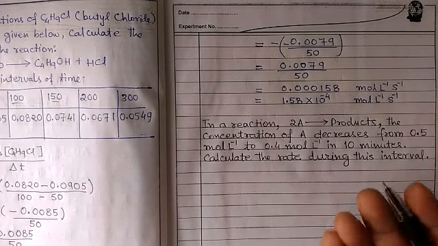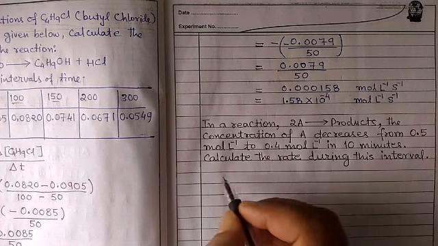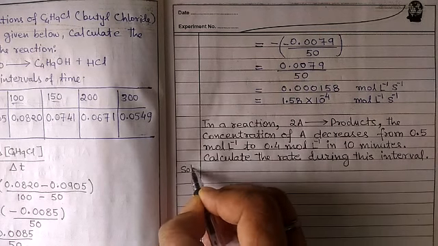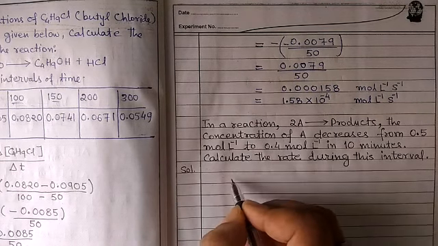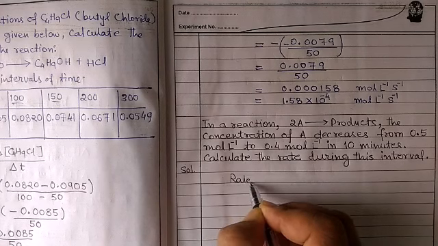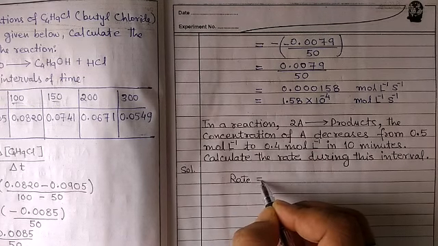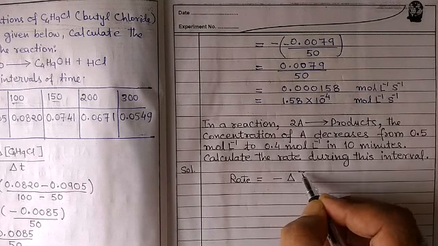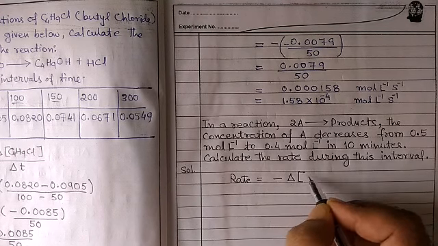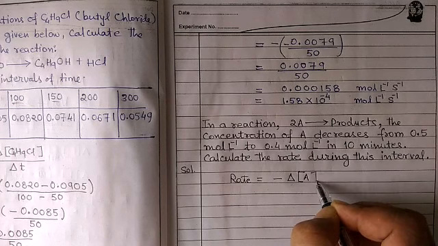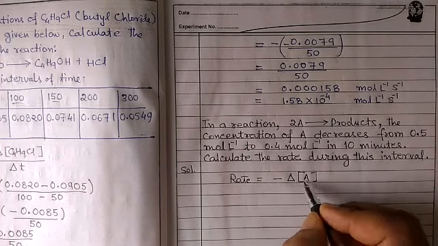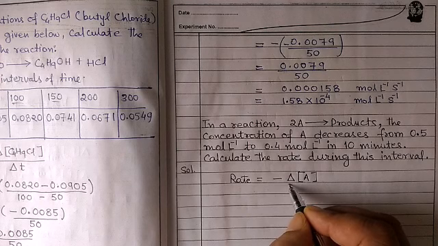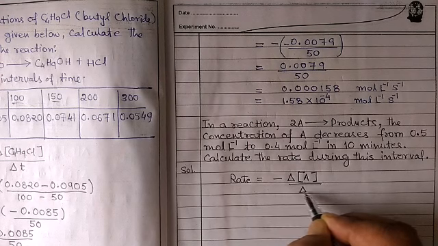So for this particular reaction, how are we going to write the average rate equation? Let's see. Rate of reaction will be equal to minus delta concentration of A, and then divided by time.